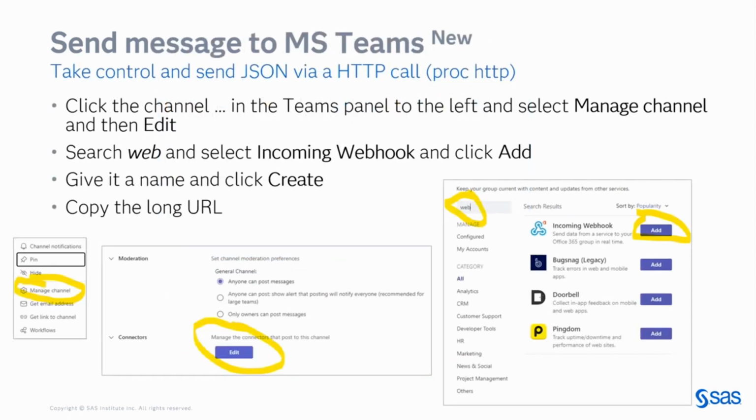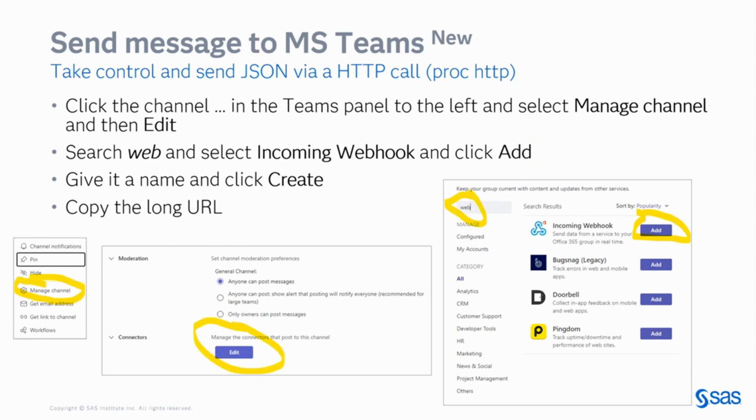And the other way is by using SAS and running a proc HTTP. Then you need an ID, you need a webhook set up. So you go and click Manage Channel. It might be that you're not authorized to do it, then someone has to do that for you.